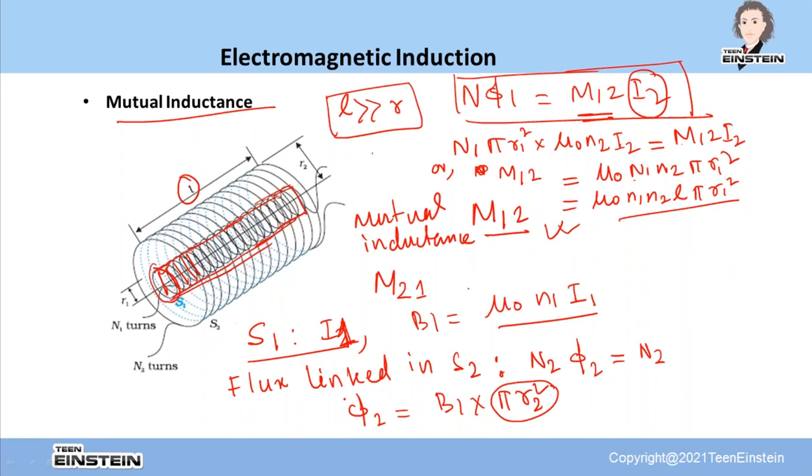That means flux linked in S2 is only up to this much area, pi R1 square. So the area is the same as in the previous case.